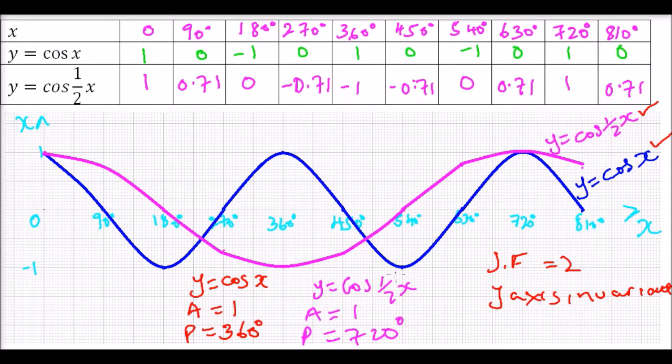Then you can ask yourself, what happens if we multiply the angle by a certain constant? What will be the changes of the period and the amplitude?